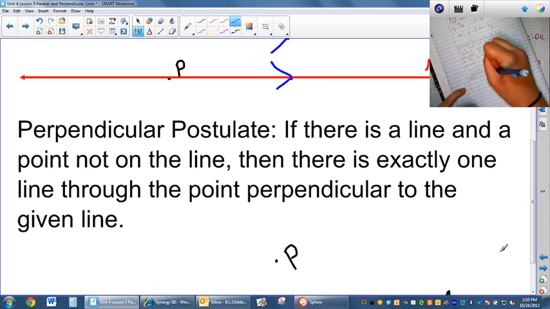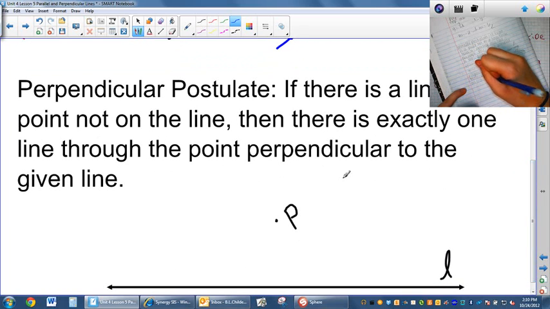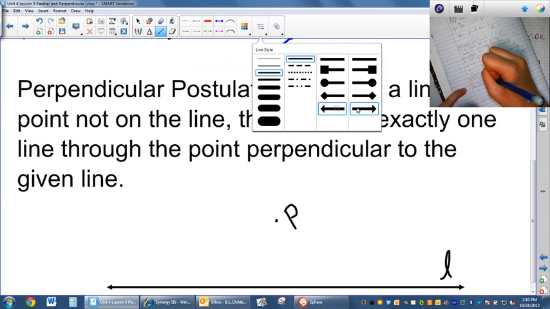You remember we were told that to be perpendicular, it has to create a 90-degree angle. So once again we have line L, we have point P, and what we're going to do is drop a line that is perpendicular.